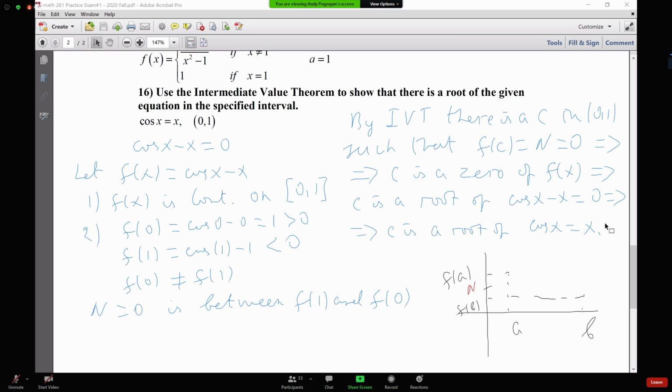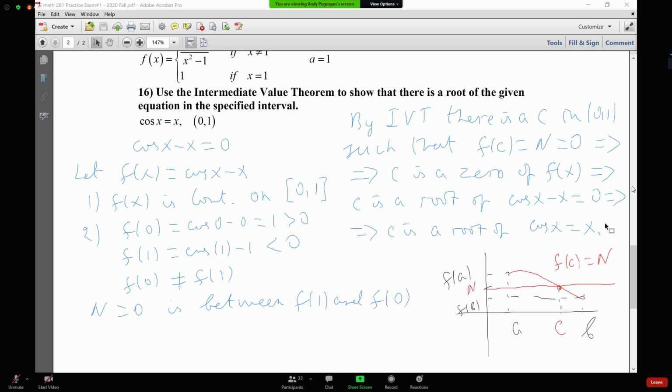Now it's a continuous function on a closed interval. So if I draw the line from here, at some point it intersects. So this is C. So there is a C between a and b such that f of C would be equal to n. n is between f of a and f of b.